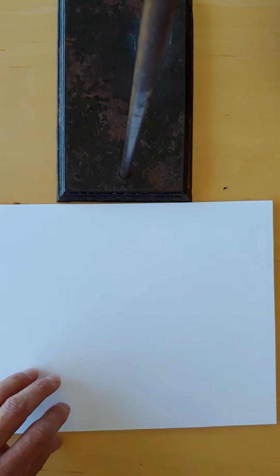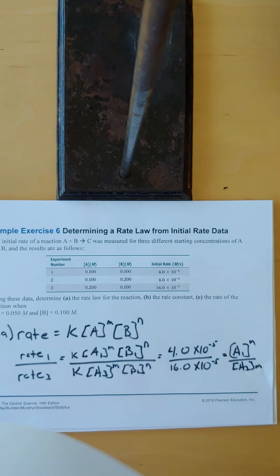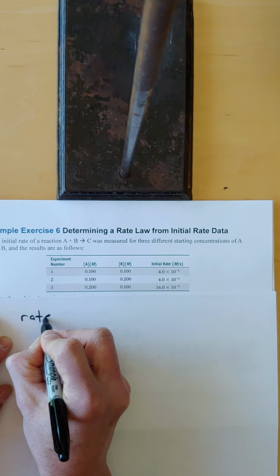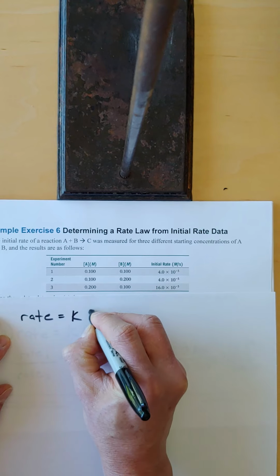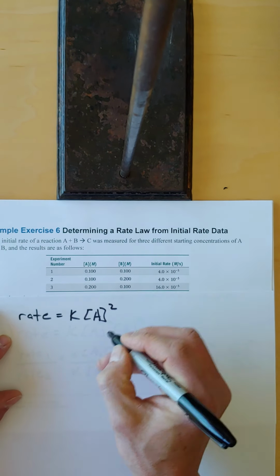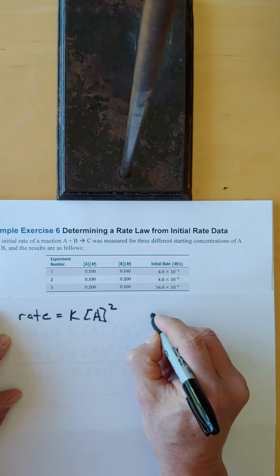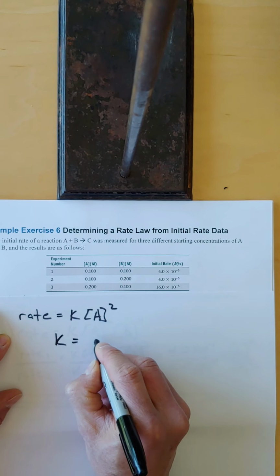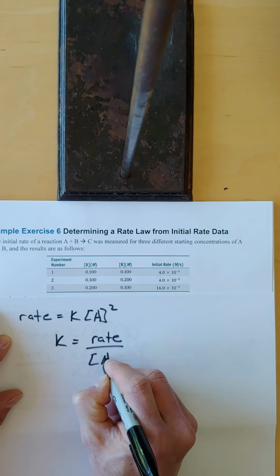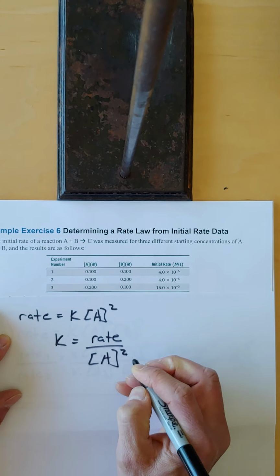And so we could solve for k. If rate equals k times the concentration of A squared, then rewriting that solving for k, k is going to be equal to the rate divided by the concentration of A squared.